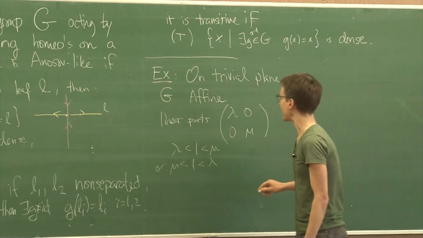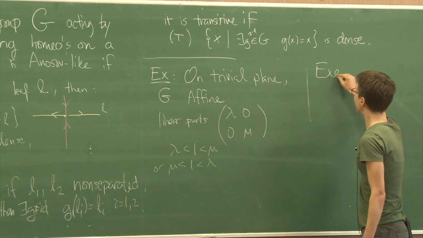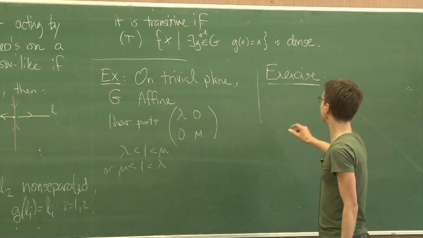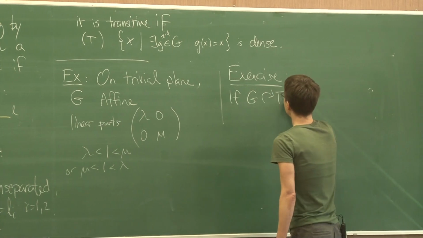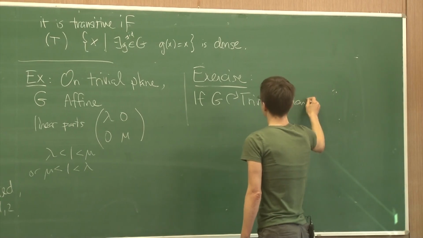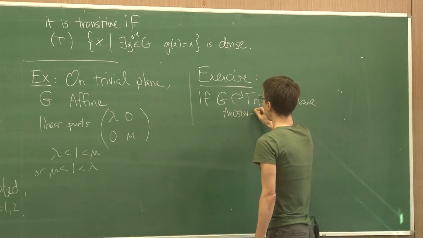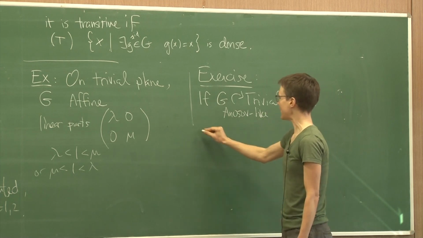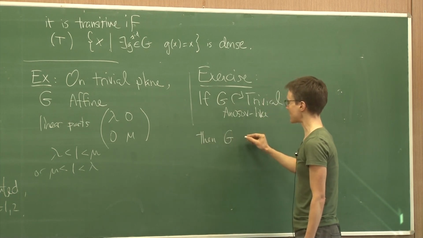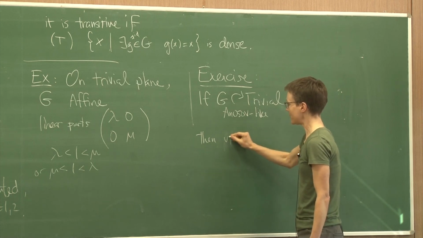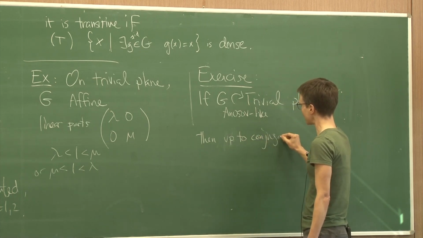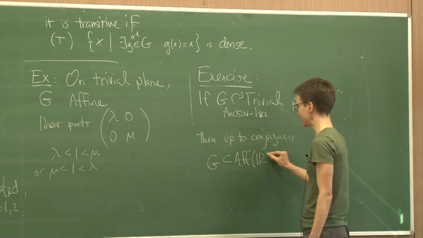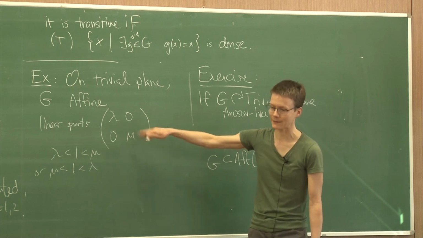Here, I'll give this also as a fun exercise, which is that this is all that can happen on trivial planes. So if G, which I didn't tell you is any group, has an Anosov-like action on a trivial plane, then G is, up to conjugacy, a group of affine transformations, and of course the linear parts have to look like this.